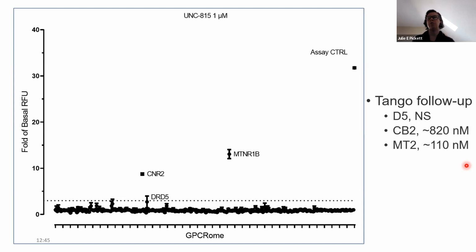The melatonin 2 was a partial agonist with decent potency, and that's something you would need to be aware of when utilizing this as a negative probe. Unfortunately, I don't have GPCRome data on 295 yet. There was a purity issue that has since been resolved, so that data is forthcoming.